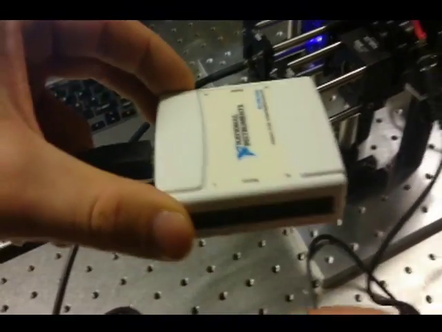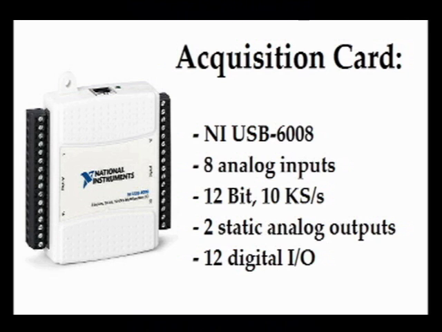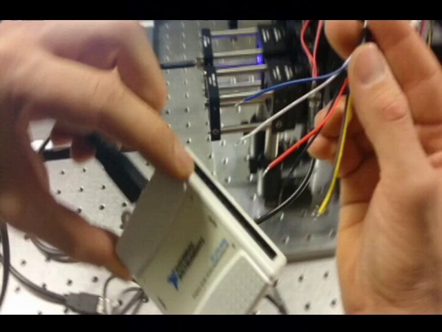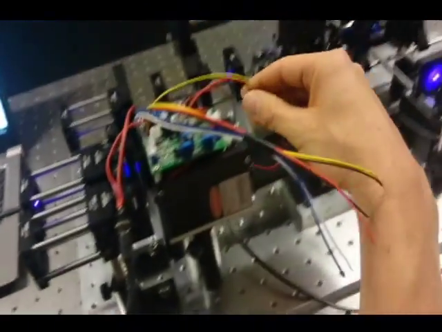Then we have to control the lasers. This is done using a data acquisition card from National Instruments. Those are the specifications of this card. This card helps send 5 volts into the laser, and you can switch the lasers on and off with your computer.